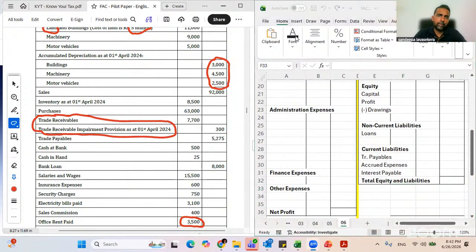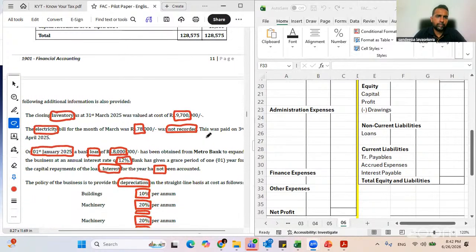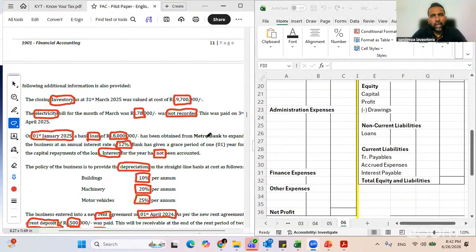Right. Okay, we'll start then. Don't take so much time on drafting the formats. You have to do it as quickly as possible.